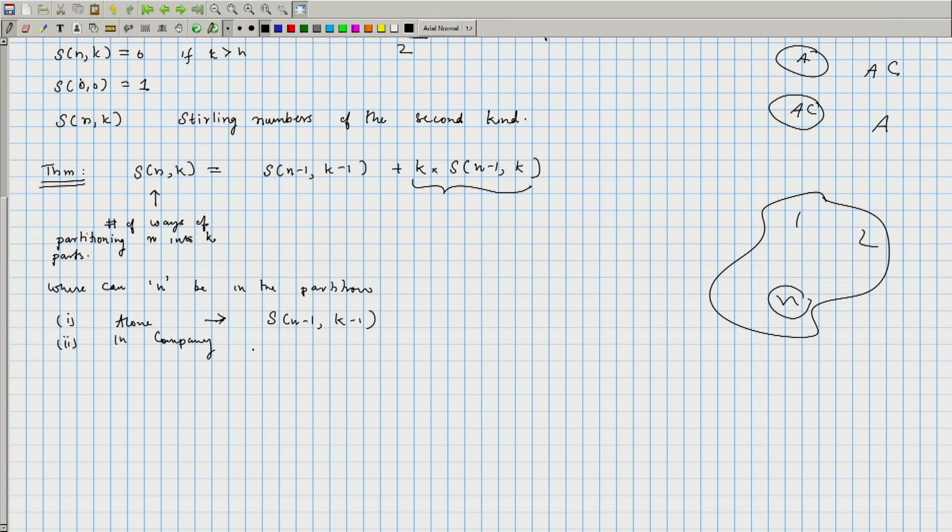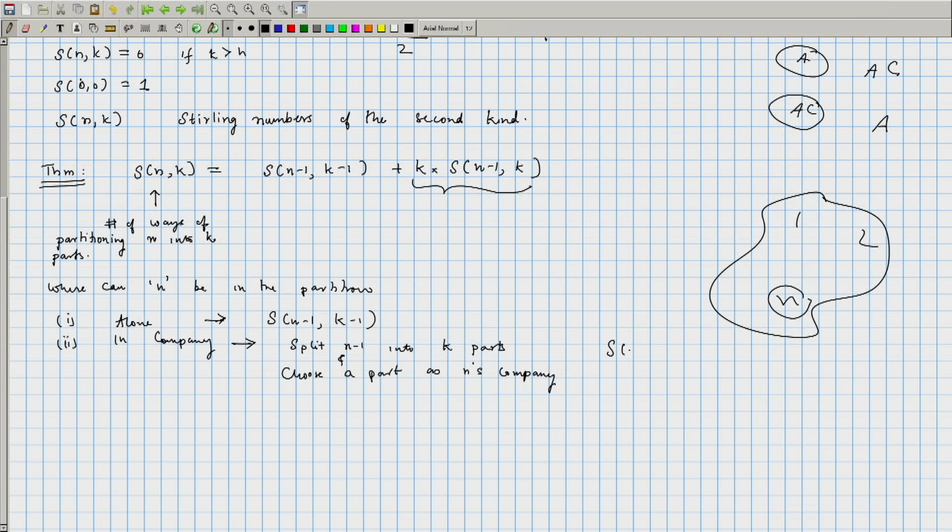Okay. So, in company the total number of ways of doing it is split n minus 1 into k parts and choose a part as n's company.